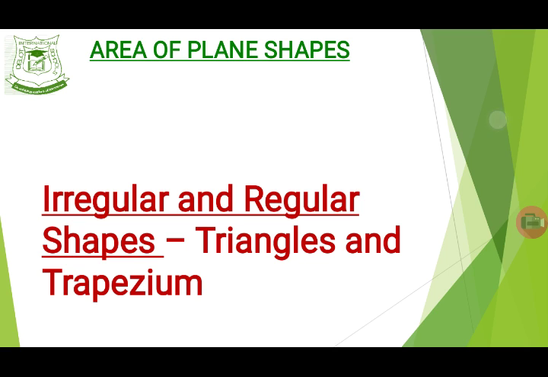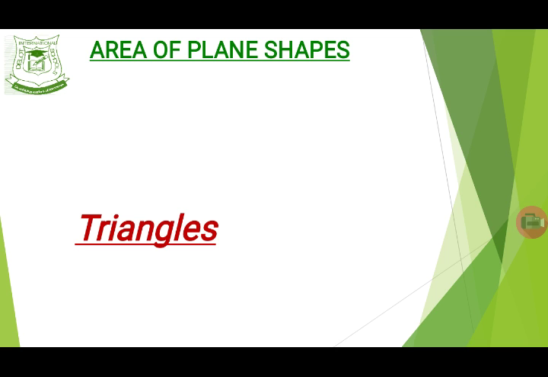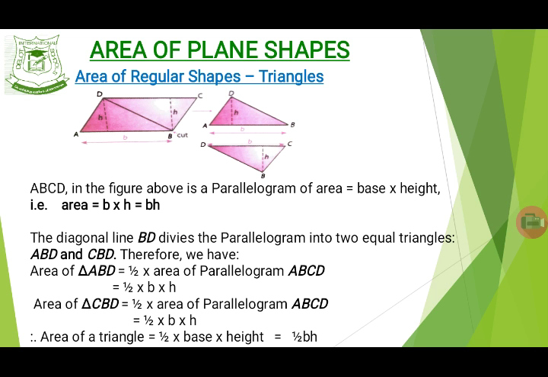First of all, let's take a look at the triangles. Look at this now. You see that in the figures up there, that first shape is a parallelogram ABCD. Normally the area of a parallelogram is base times height, right?